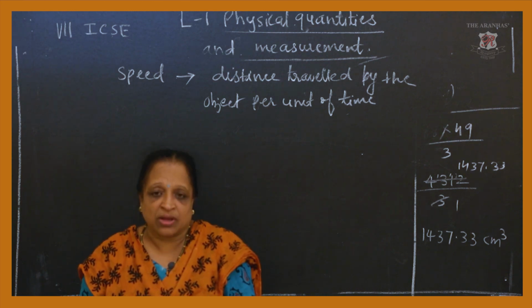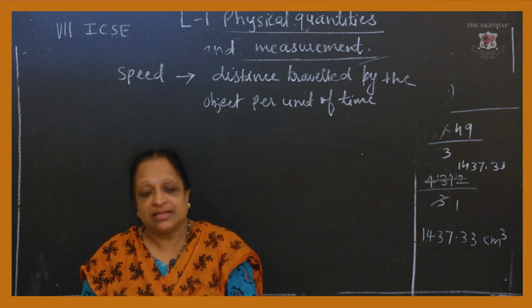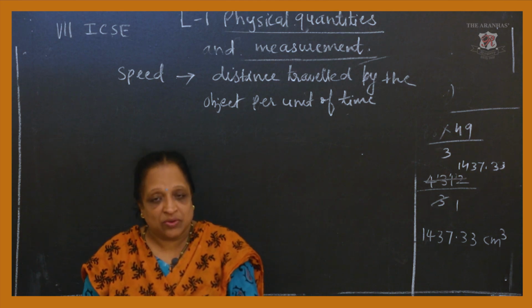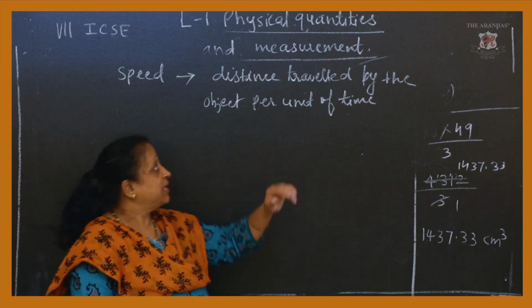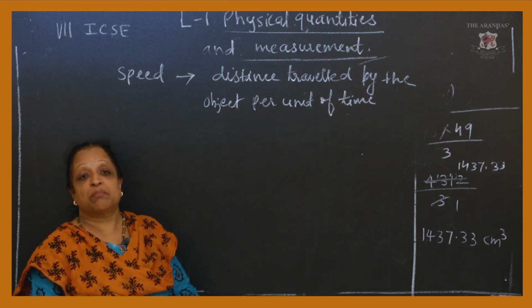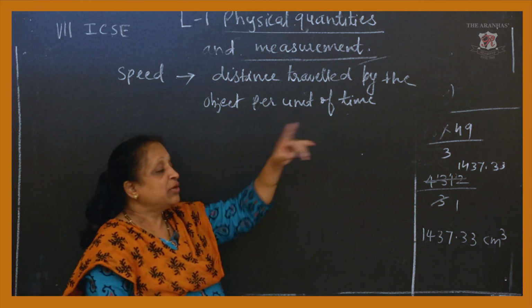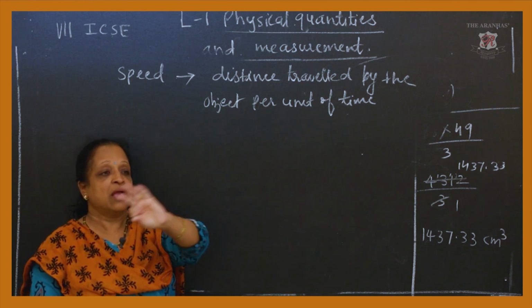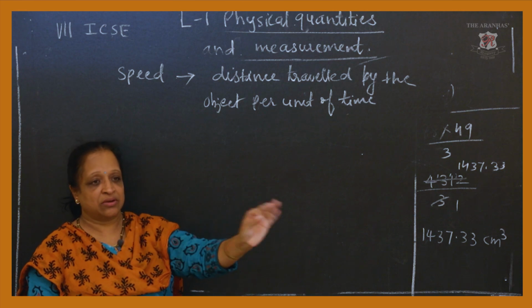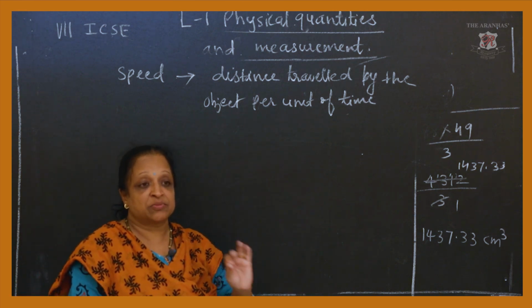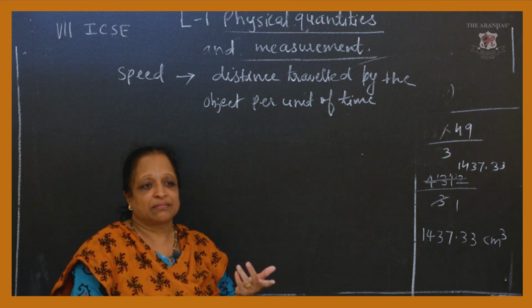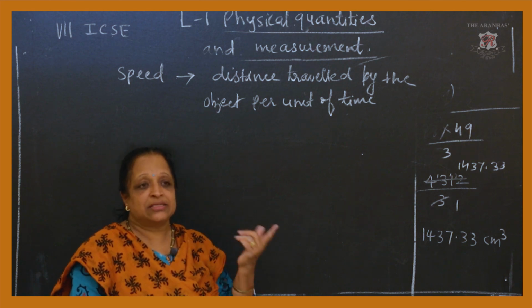By vehicle I am talking about. So we are calculating the speed using the definition distance traveled by the object per unit of time. We are taking distance 1 meter, 1 second, so meters per second. So that is why this is the speed.